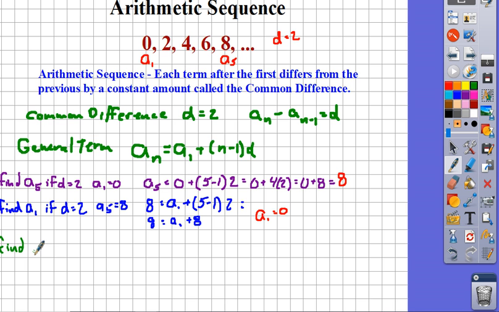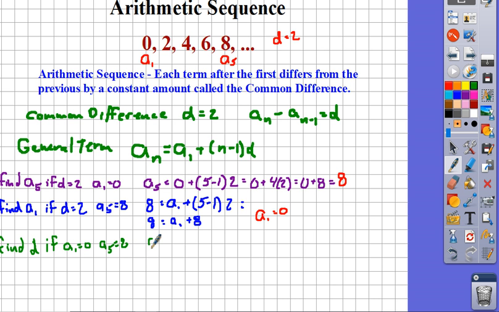Okay, one more. Let's find the common difference. So find d if we know that a sub 1 is 0 and a sub 5 is 8. So again, we simplify what we know back up here into our general term equation.